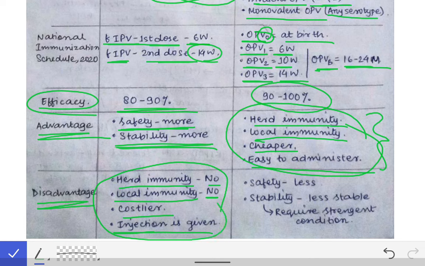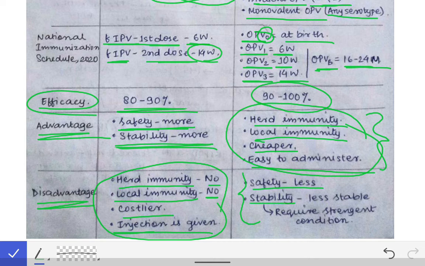While the disadvantage of OPV, the advantages of the IPV will become the disadvantages of the OPV. So the disadvantages of OPV are that the safety is less because here we use the live attenuated viruses, which may sometimes cause the infection itself.